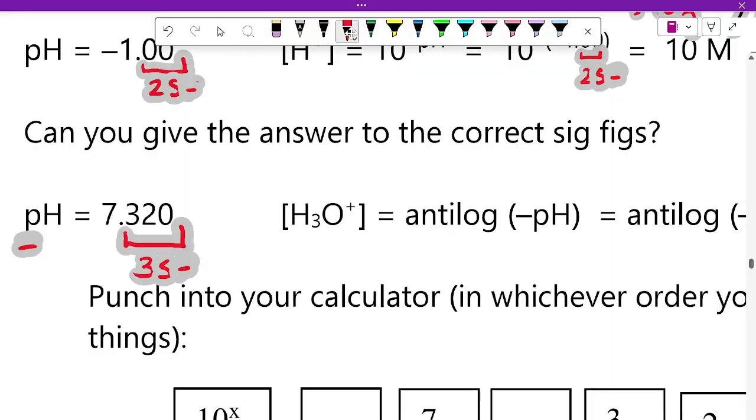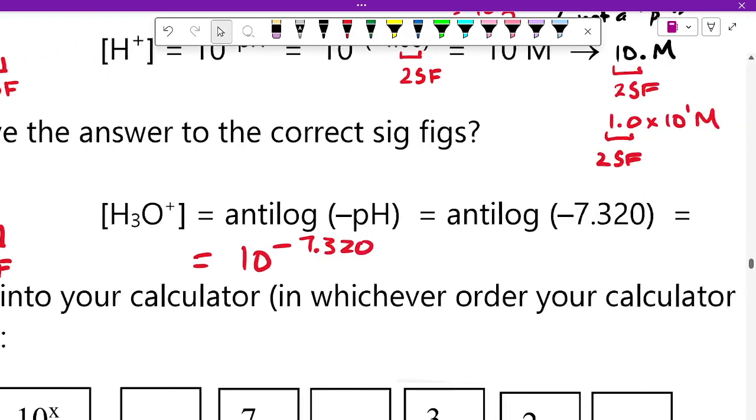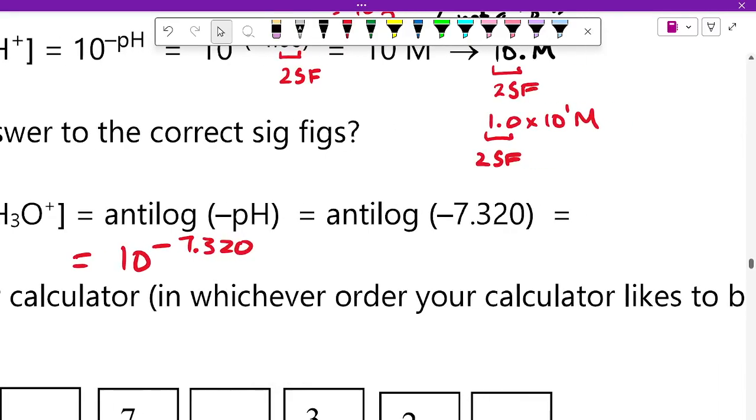You could write it that way, or you could write it as 10 to the negative 7.320, which is equal to the antilog of negative 7.320, and we get 4.7863 times 10 to the negative 8.